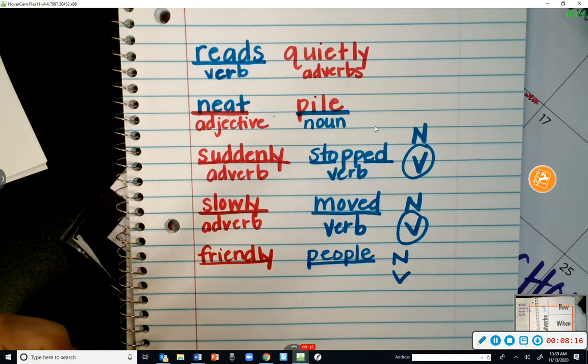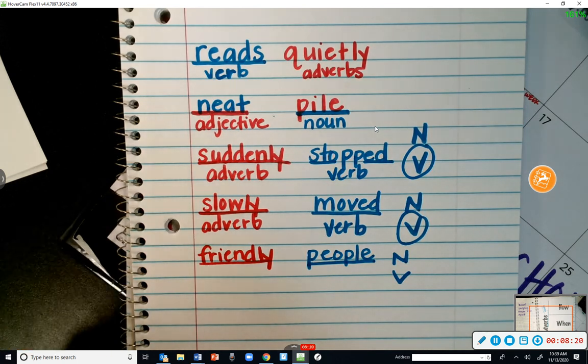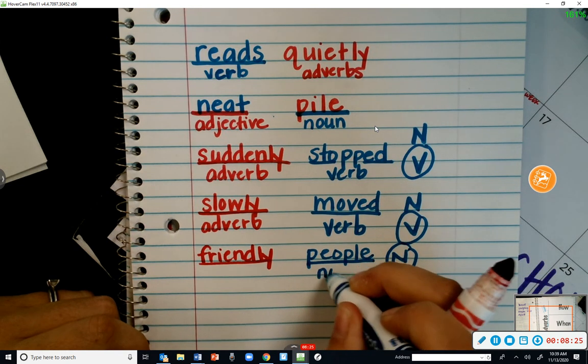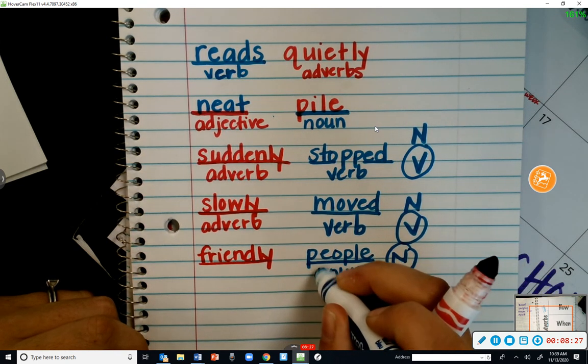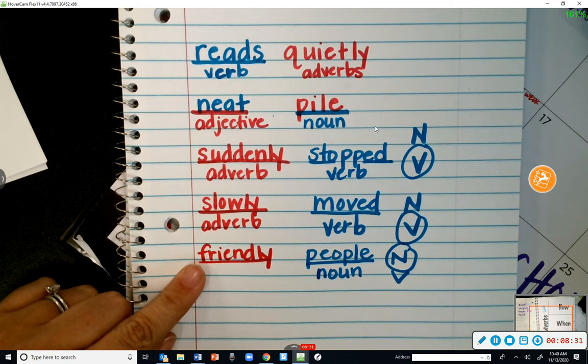Noun. What do y'all think? Aaliyah, Evangeline, what do y'all think? Noun, very good, because it's a person, place, or thing. What type of words describe nouns? Adjective.